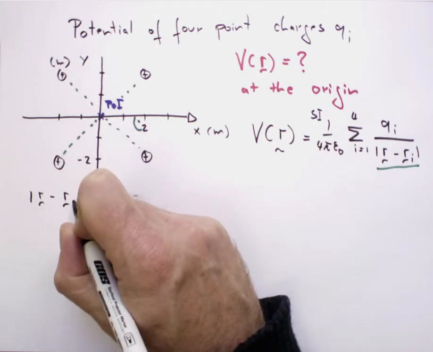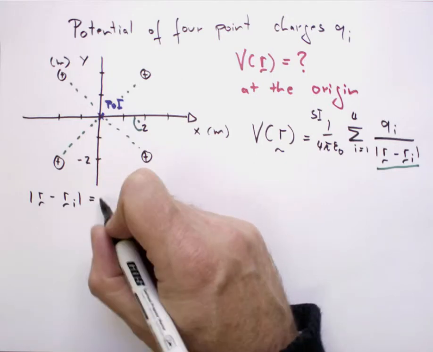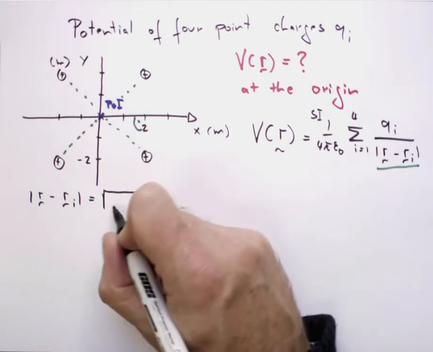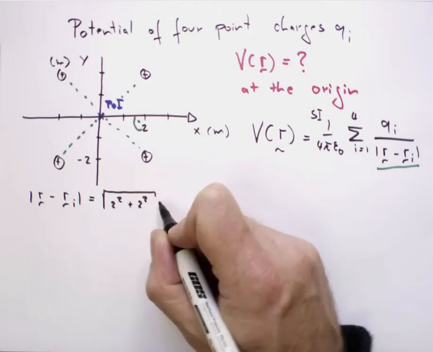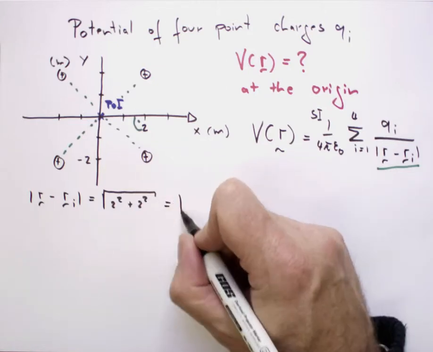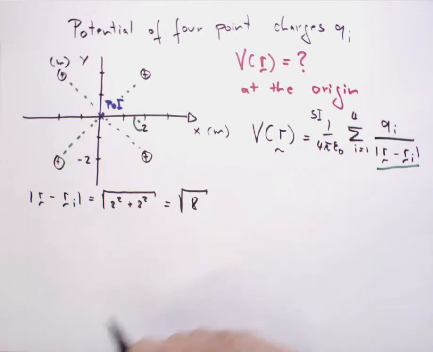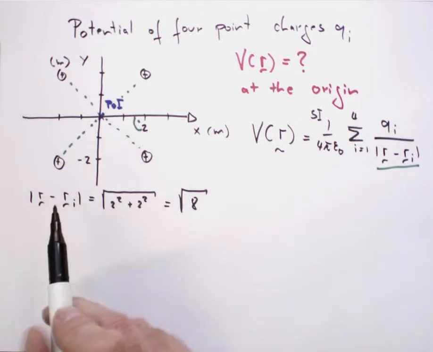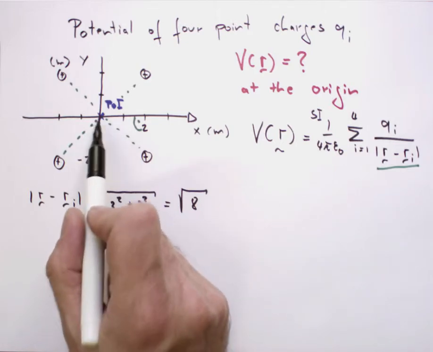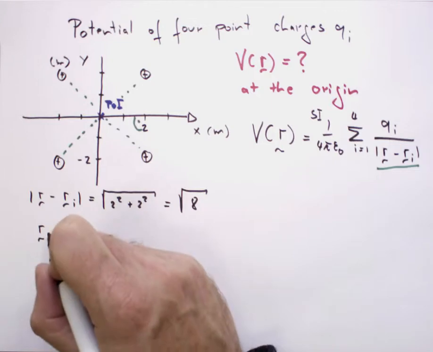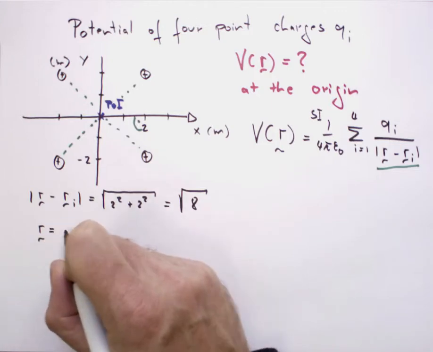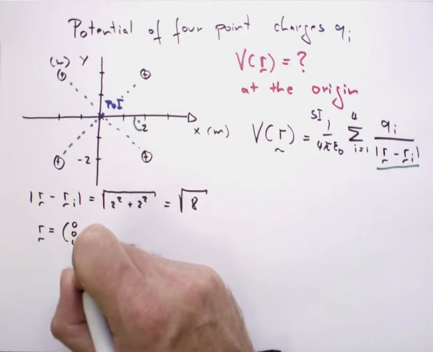R minus Ri, in all cases, is equal to the square root of 2 squared plus 2 squared, which is the same as the square root of 8. And I've also taken advantage of the fact that we're interested in the origin, so therefore R is equal to that.